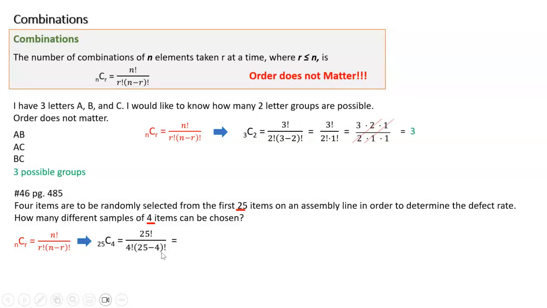This will give us 25 factorial over 4 factorial times (25 minus 4) factorial, which gives 25 factorial over 4 factorial times 21 factorial. That gives us 25 times 24 times 23 times 22 times 21 factorial. The 21 factorials cancel, equal to 1. 4 times 3 times 2 times 1 will give us 24. So the answer will be 25 times 23 times 22, which results in 12,650.